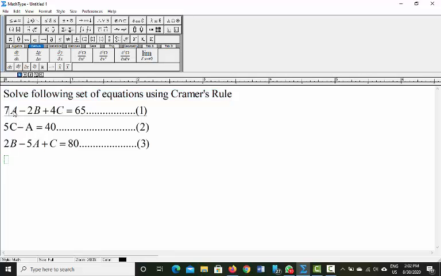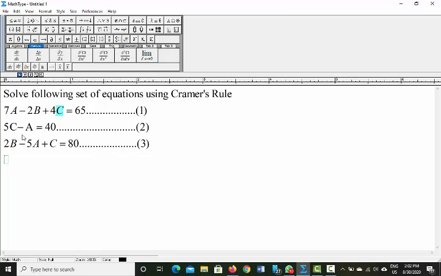As you can see, A is one variable, B is another variable, and C is the other variable. So we have 3 variables in this set of equations, and we need to find the value of A, B, and C. We will solve this set of equations using Cramer's rule.